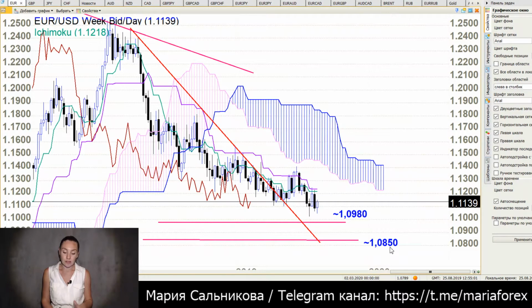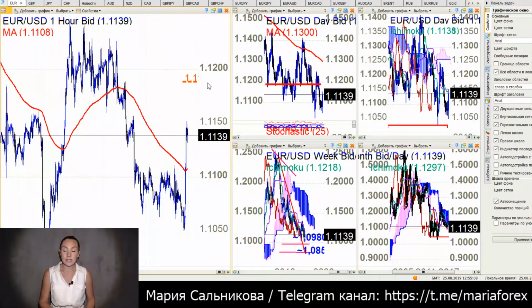I only show you the targets that I have for middle term positions or long term positions. If we see that price goes under 1.1080, after that, those levels, 1.0980, will be good for us as a target. But for now, those are just levels that I remember about, but don't use as a target to sell.